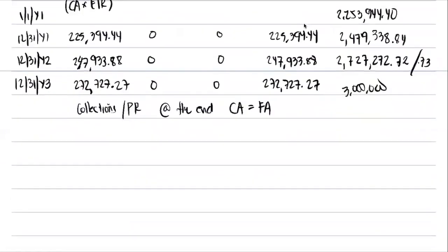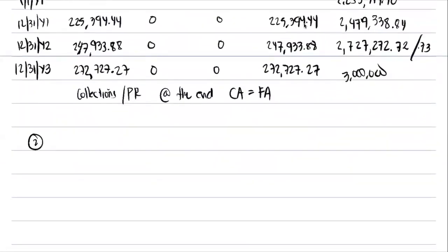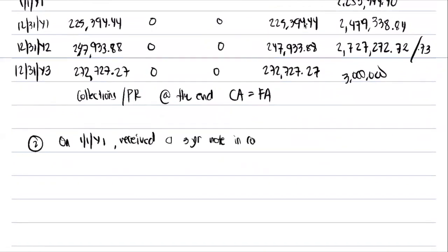Next, another example. On January 1, year 1, receive a 3-year note in consideration for the sale of goods.